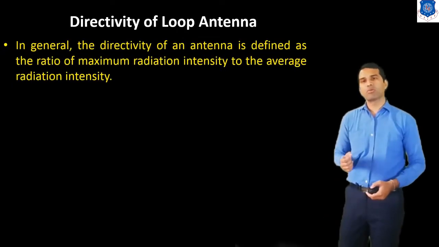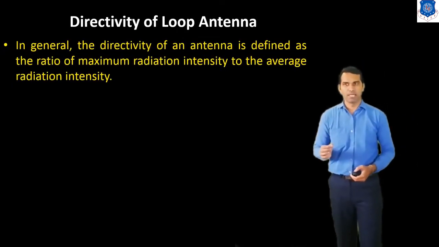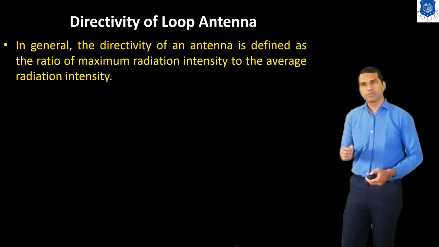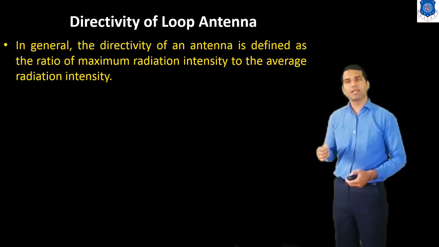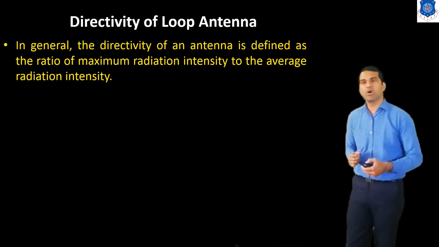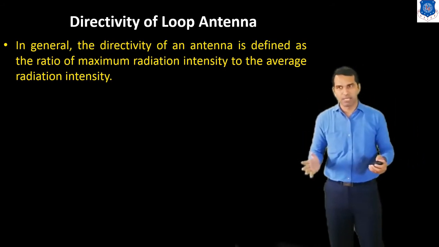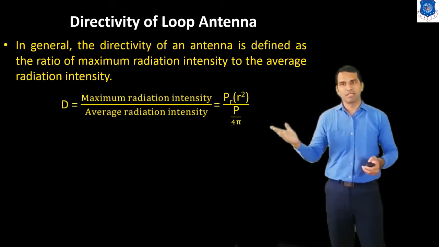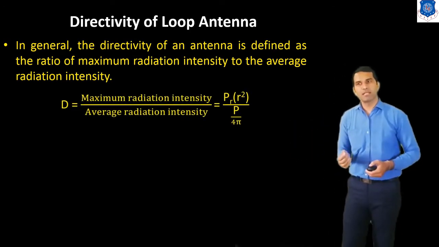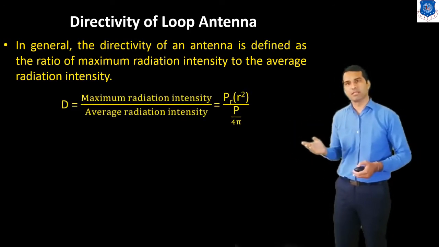Now we discuss the directivity of the loop antenna. In general, the directivity of an antenna is defined as the ratio of maximum radiation intensity to the average radiation intensity. So we can write this equation as maximum radiation intensity upon average radiation intensity.